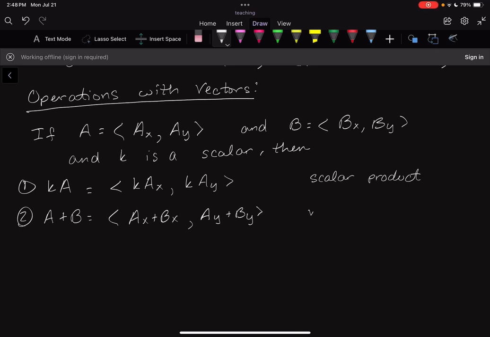And this we call the vector sum. If you want to subtract two vectors, you'll just subtract their components. This is called vector difference.